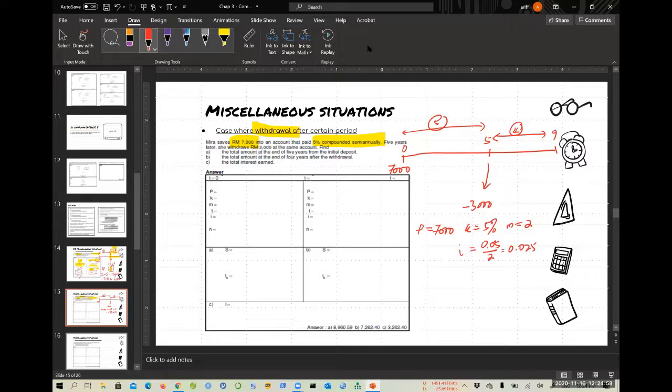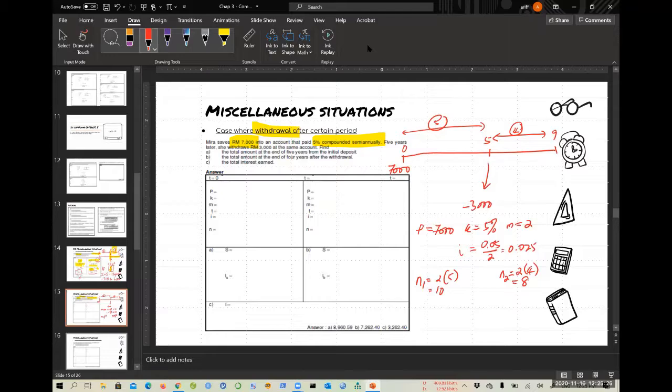So N1 is the first part, that is 5 times 2, M times T. So you get this to be equal to 10. And then for N2, you have the second portion, that is 4 years. So you have 2 times 4, which is equal to 8.